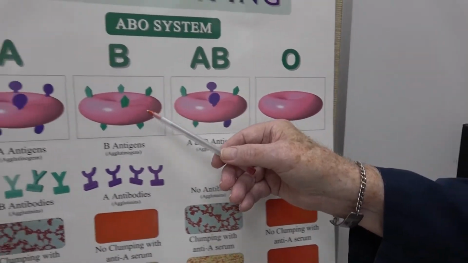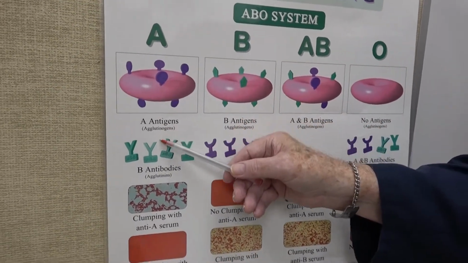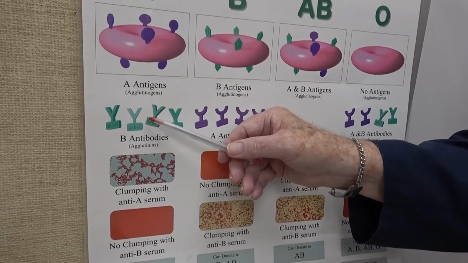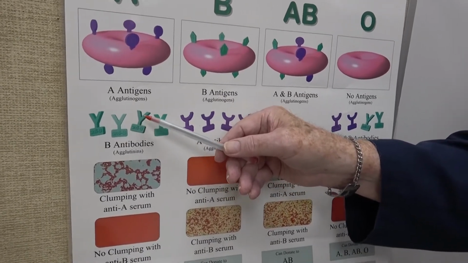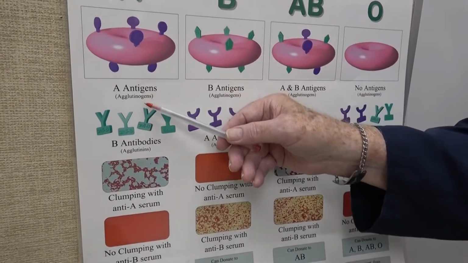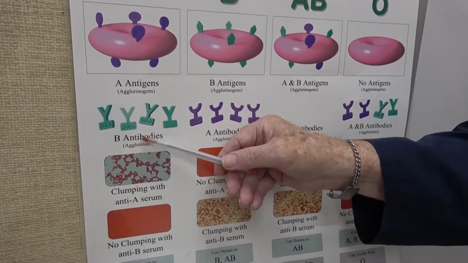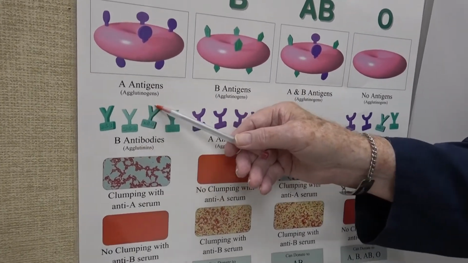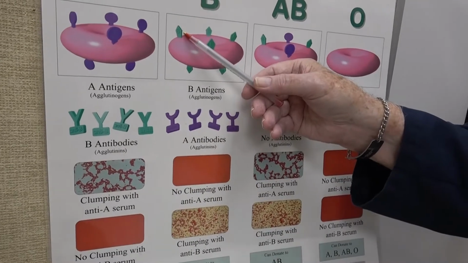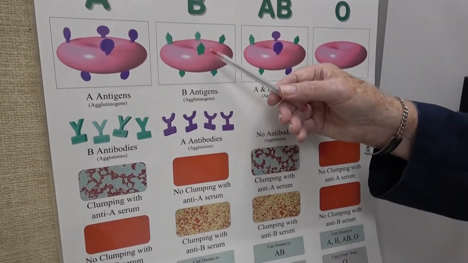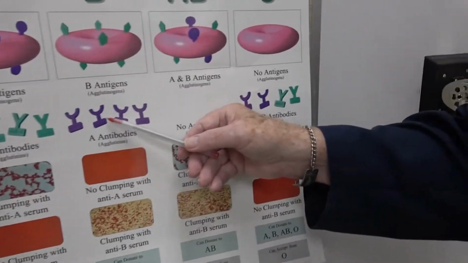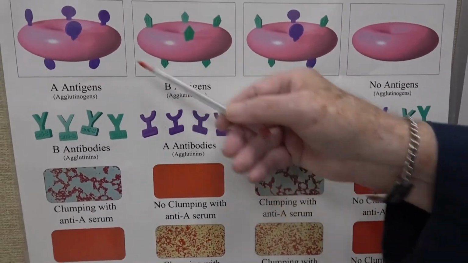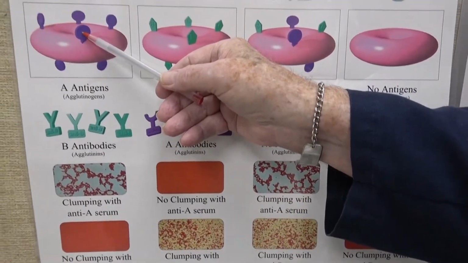Now the trick here is, if you look down here, you see that the A antigen has B antibodies, and they are shaped like this because they fit the B. The B has the A antibodies because they fit the A antigen.